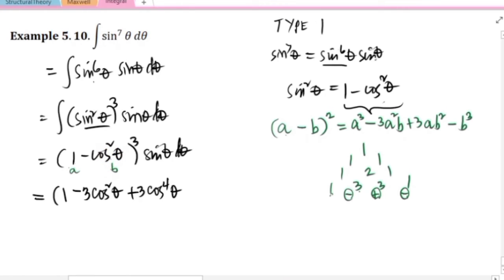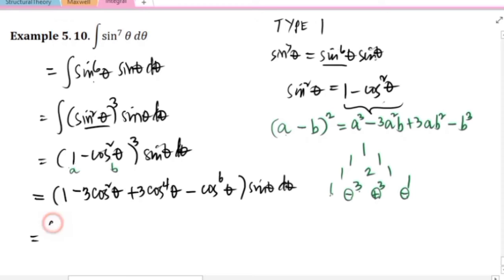So the cube ng negative is negative, cosine squared cubed, that's cosine to the 6th. Yan, multiplied by sine theta d theta.